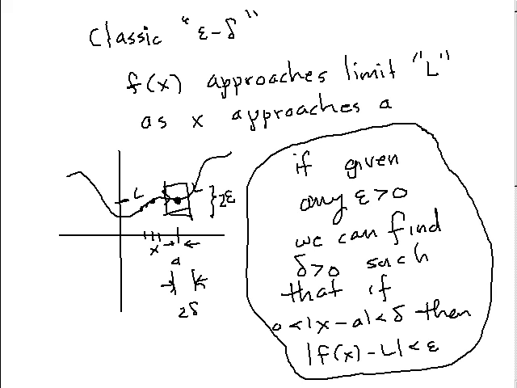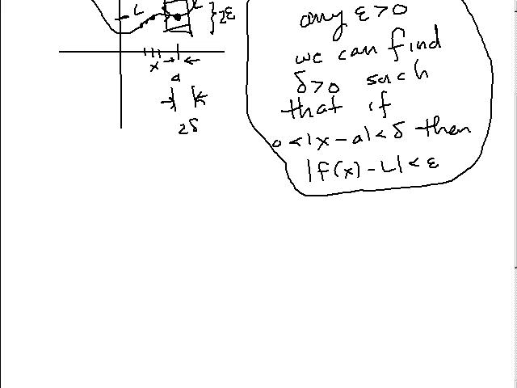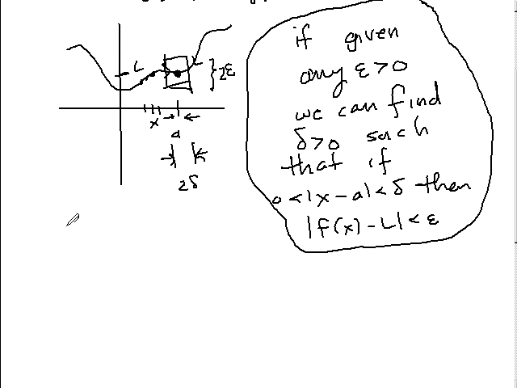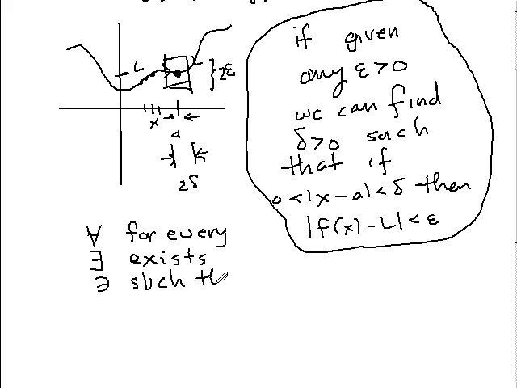Now this is a rather complicated logical statement, and you've probably seen a very concise mathematical notation, if we use this symbol for "for every," and this backward E for "there exists," and this for "such that," and this meaning "if then."